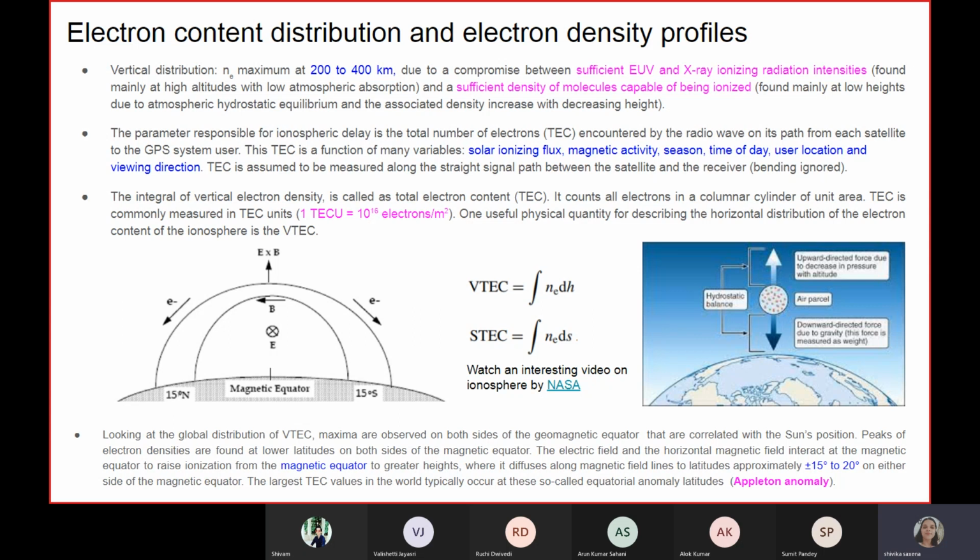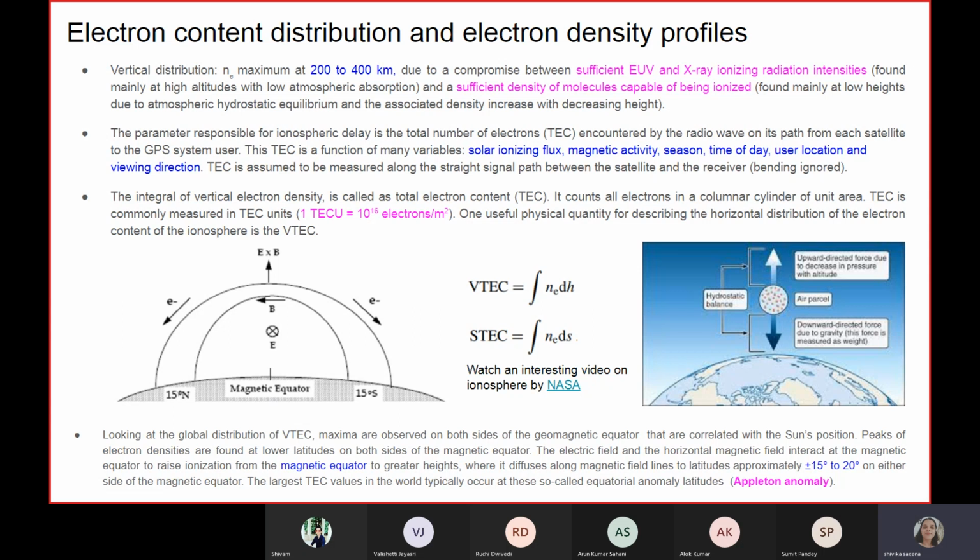In this picture on the left side you can see the magnetic equator. If you understand the ball of the earth, you are viewing it as if the poles are on the sides and the magnetic equator is towards the north. This kind of picture you are seeing here.